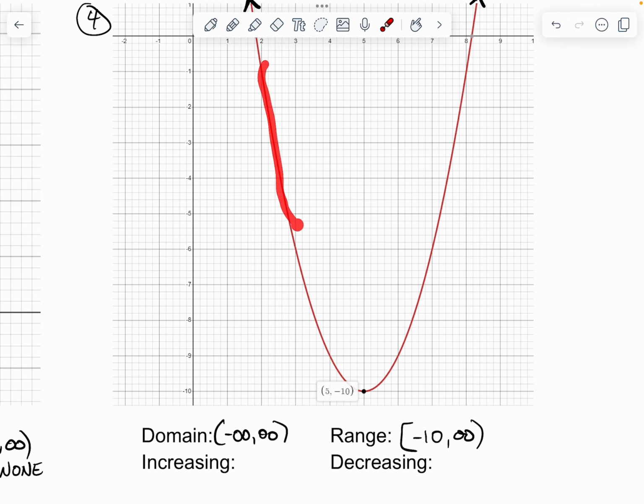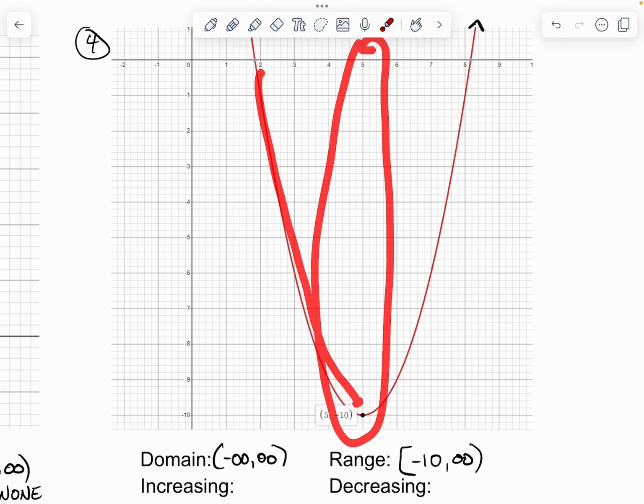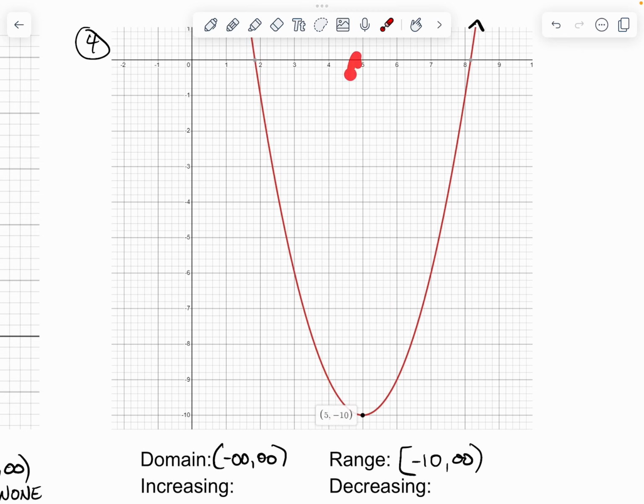Okay, increasing and decreasing for this one. Well, very far left, right? From negative infinity all the way until the x value, right? That x value right there is negative 5. Okay, so I am decreasing right here at negative 2. All right, x equals negative 3, it's still going down. x equals negative 4, it's still going down.